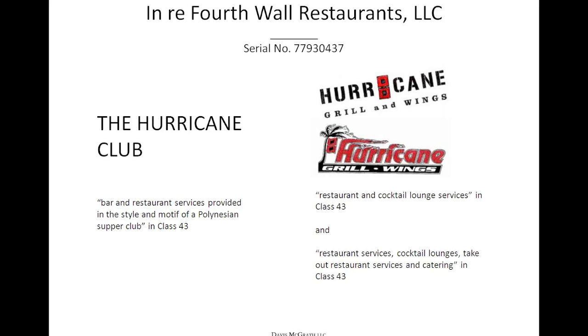They both use the same flag, this flag with red with a black square in the middle. One of them is just forming the eye in hurricane, and the other one is hanging from a tree to the left of the word hurricane. But it's for the same restaurant, Hurricane Grill and Wings. Their services are for restaurant and cocktail lounge services, and the second one also covers takeout restaurant services.